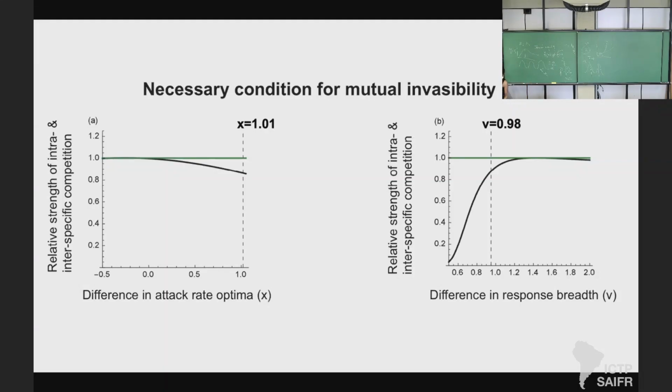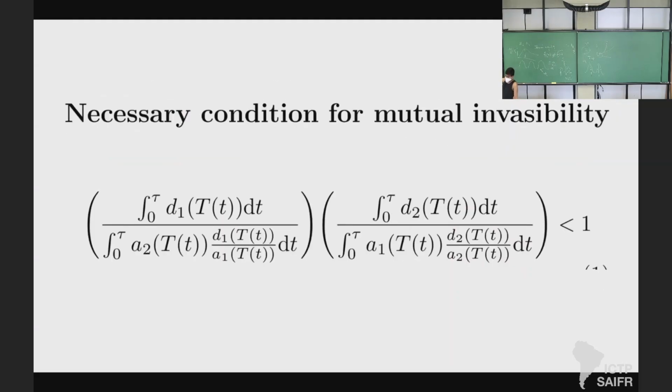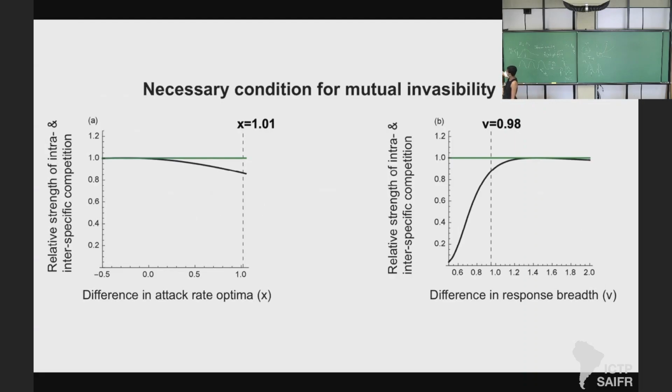The solid curve is the left-hand side, and the green curve is the right-hand side, the boundary. This is the difference in attack rate optima, X, the thing we were measuring, this is the relative strength of inter- and intraspecific competition, and this is the response spread. The dashed line is where the actual parameters fall.